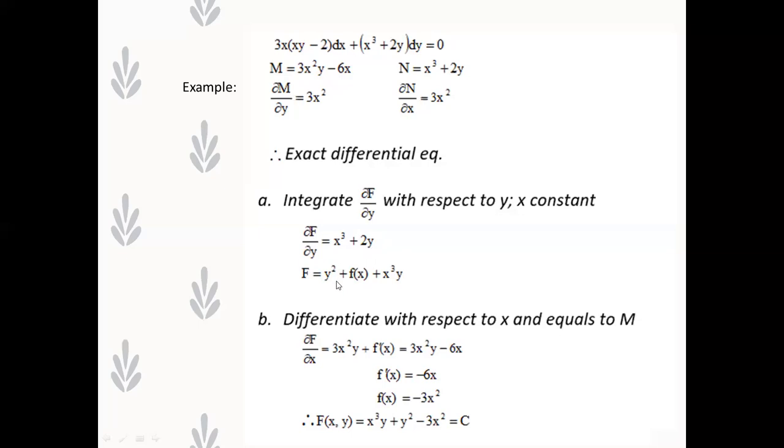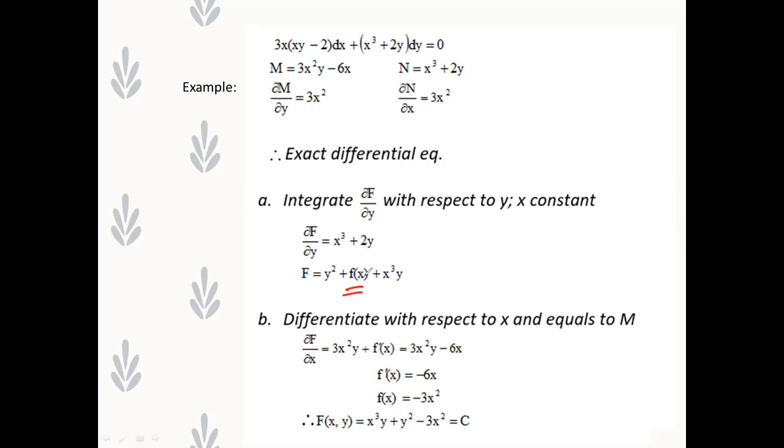Notice this time that your function is not g of y, but rather it's now f of x, because in the first place you did not partially integrate with respect to x, but rather you partially integrated with respect to y. So the constant that you will have here is a function of x.